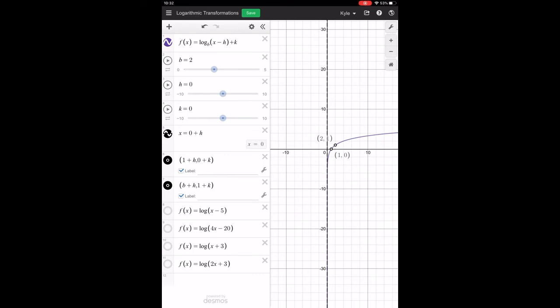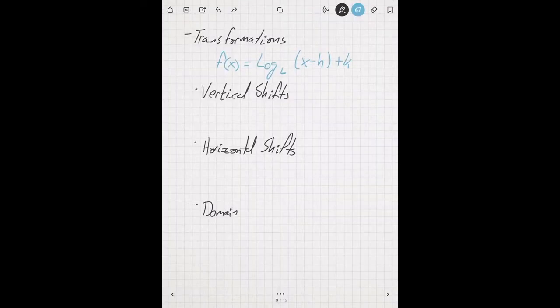So let's go back into our notes and take a look at some examples. Let's first define the idea of vertical shift. The vertical shift is how far up or down the graph was moved.